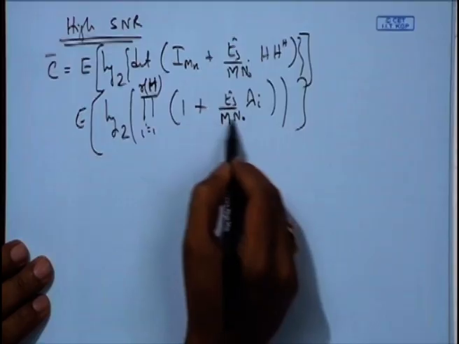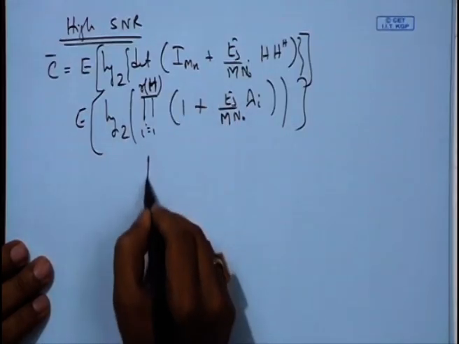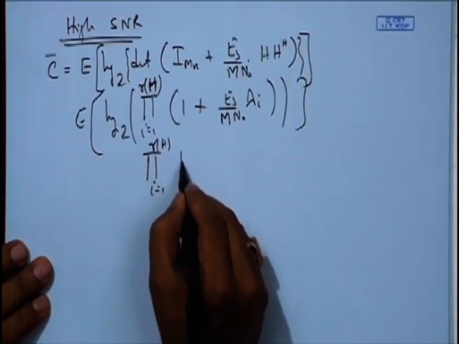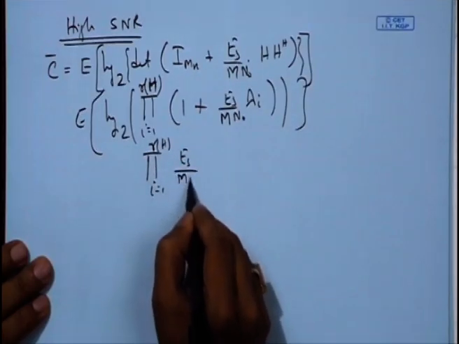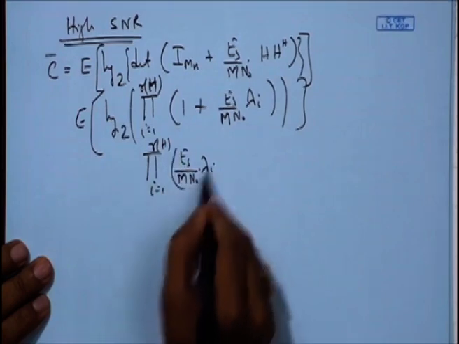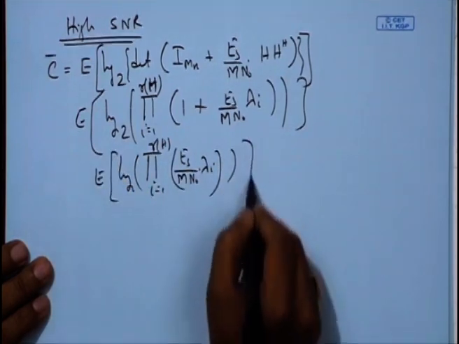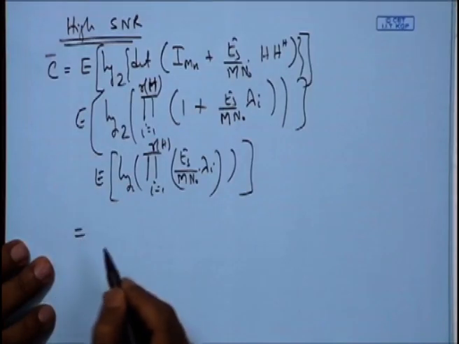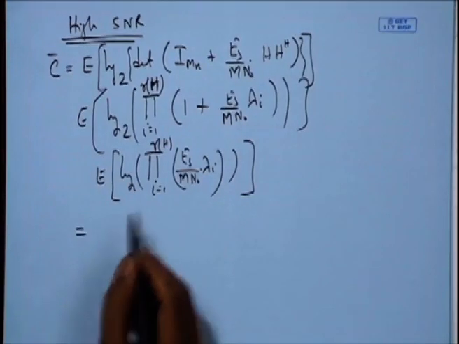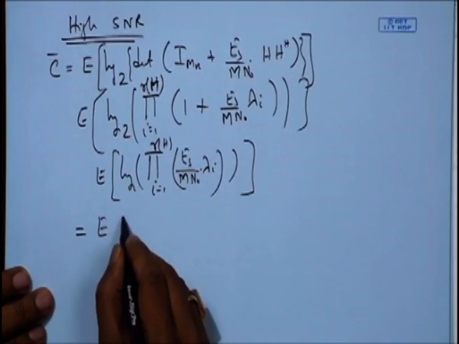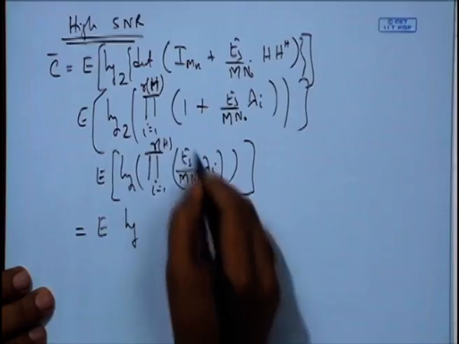So when SNR is high, when Es by N_0 is very high, this could be approximated as Es by M_T N_0 times lambda_i inside the log base 2 determinant. So we could write it as the expectation of... so basically this term is constant.